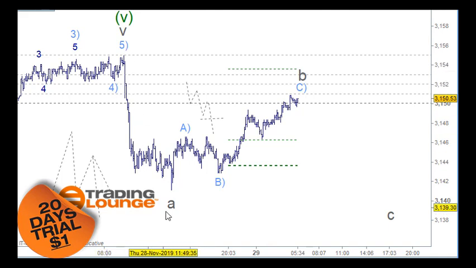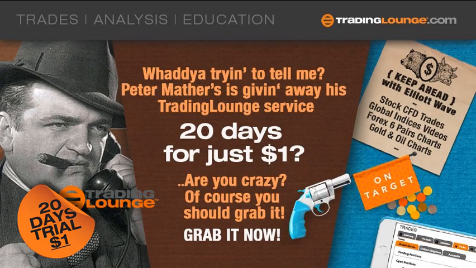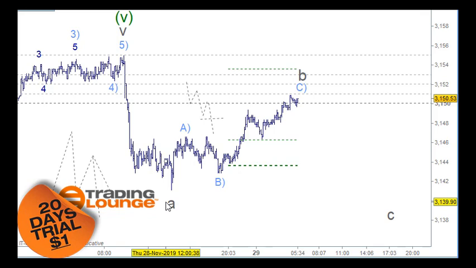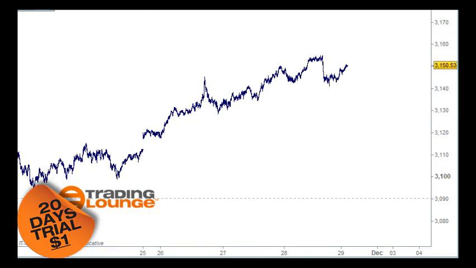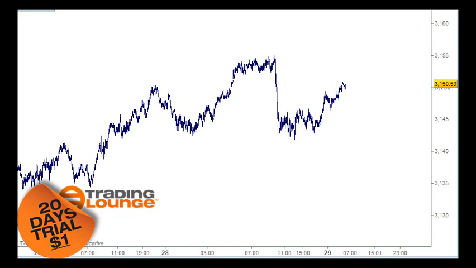So we need to work out, I mean, wave A in a wave 4 correction can be in 3 waves or 5 waves. So let's just go in here, and we probably won't be able to figure this out, but we'll just have a look. It looks a bit sharp, so just want to focus in on this little area through here.